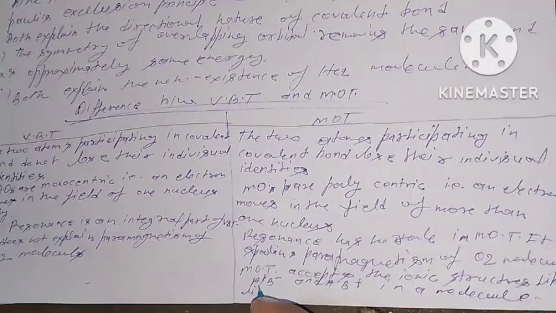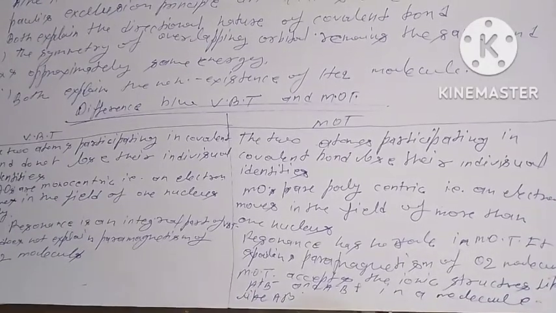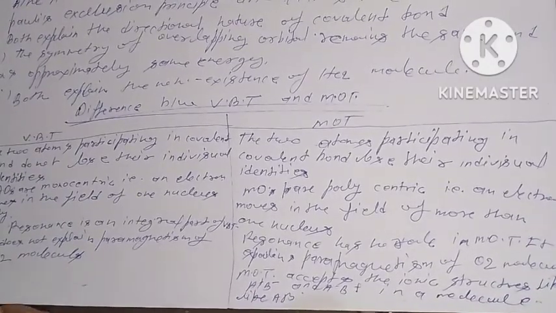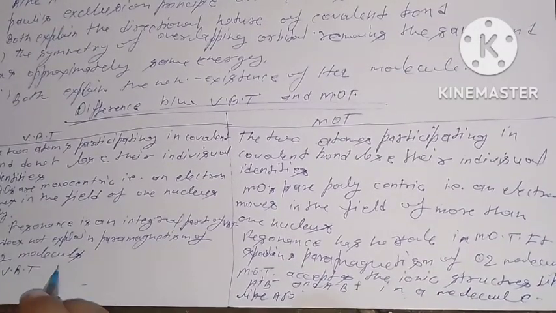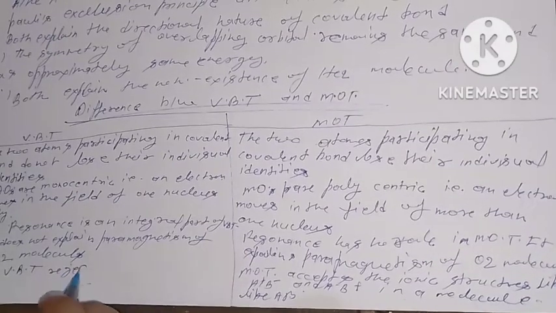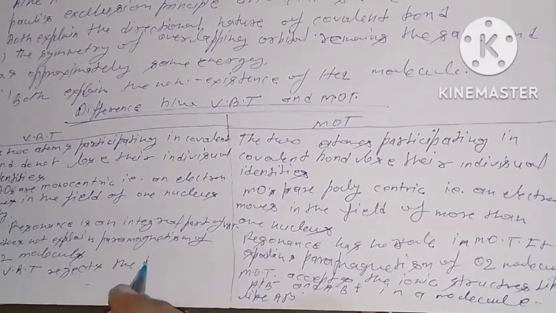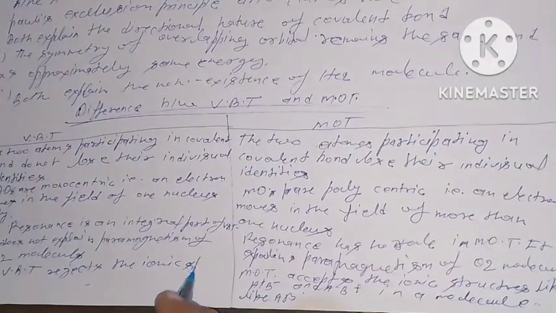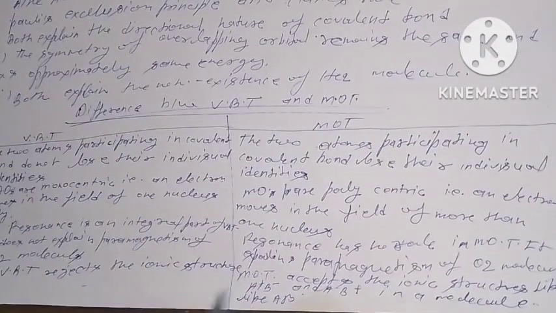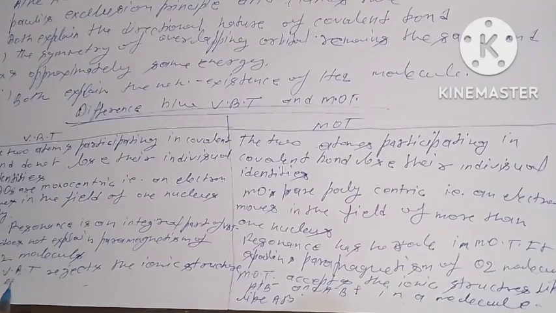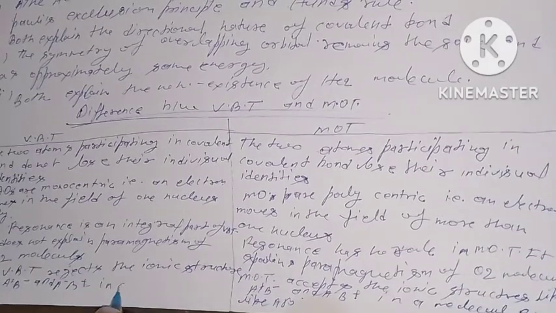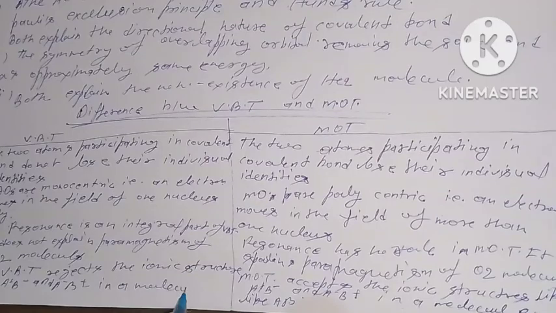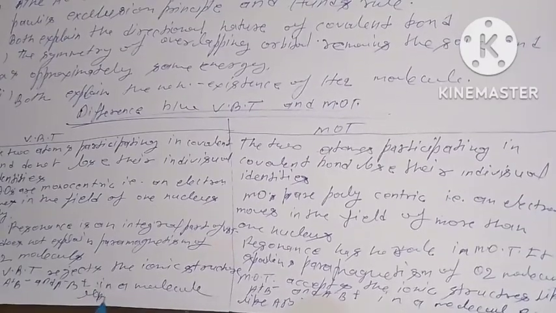VBT, valence bond theory, rejects the ionic structures A plus B minus and A minus B plus in a molecule like AB.